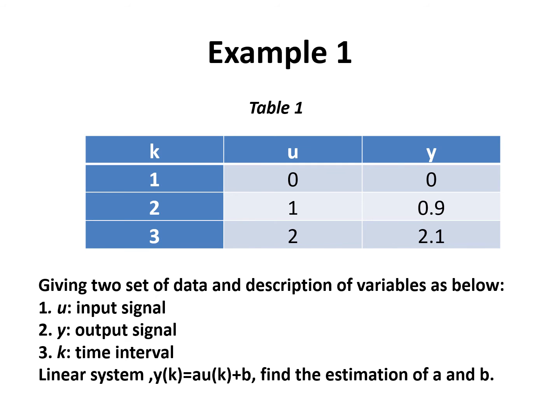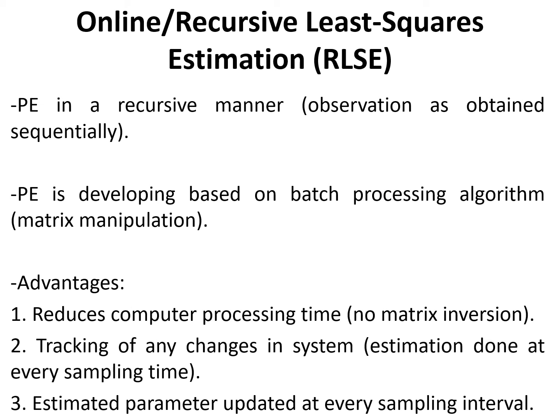So next, type number 2, online recursive least square estimation. In online processing, the parameter is estimated in a recursive manner as the observations are obtained sequentially. The recursive least square algorithm is developed based on the batch processing algorithm using symmetric manipulations.